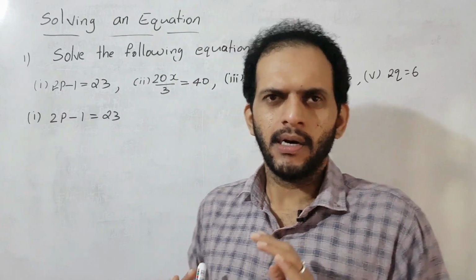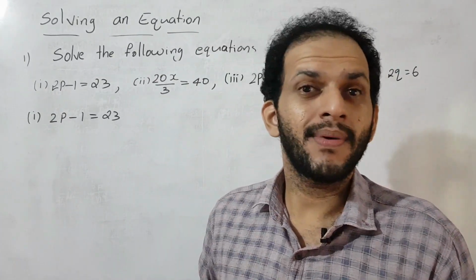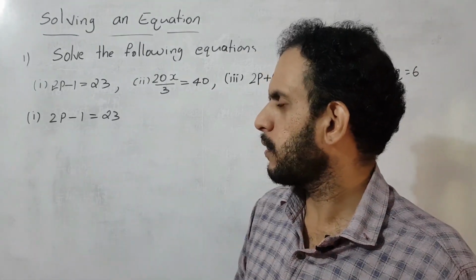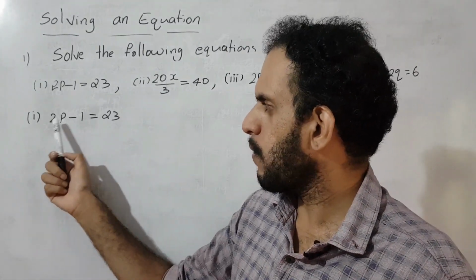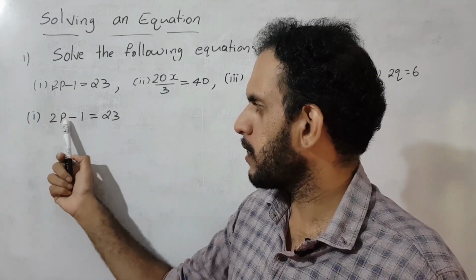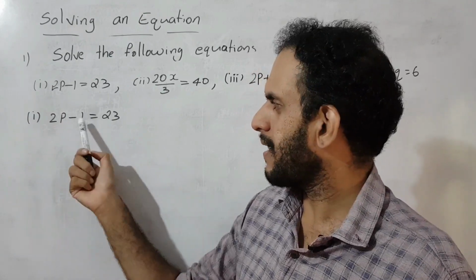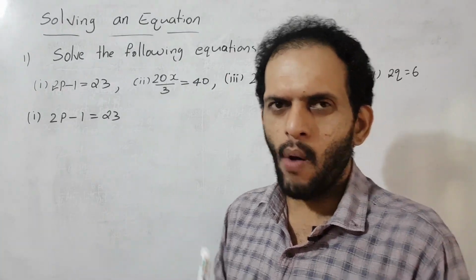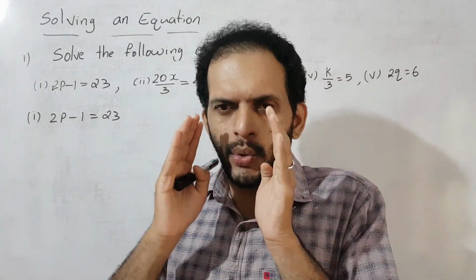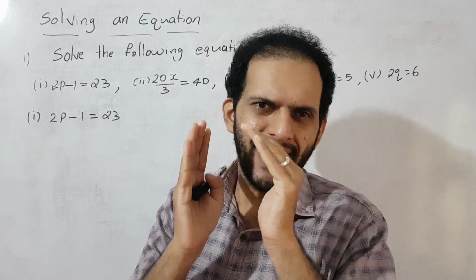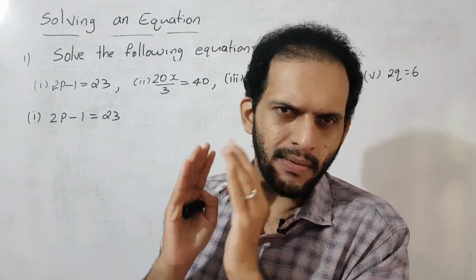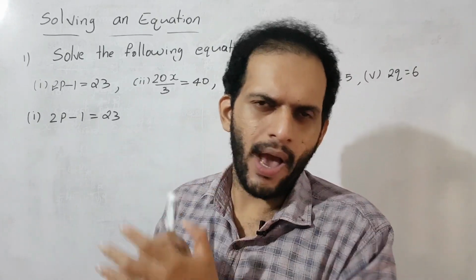Here only one term contains the variable, right? Only one term contains the variable, that is 2p. The second term does not contain the variable. So our idea is to keep the variable on the same side and to remove the numbers and terms with the variable.